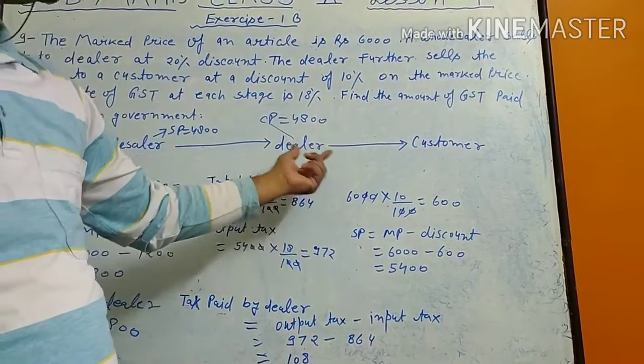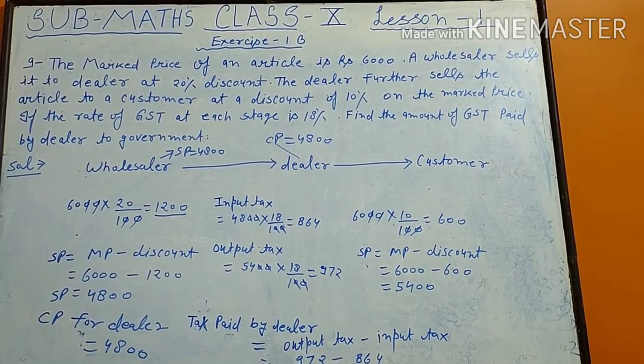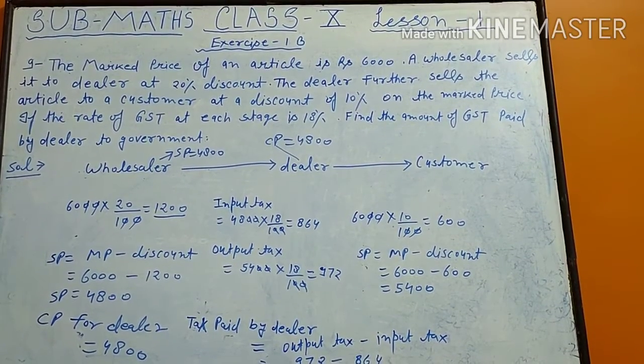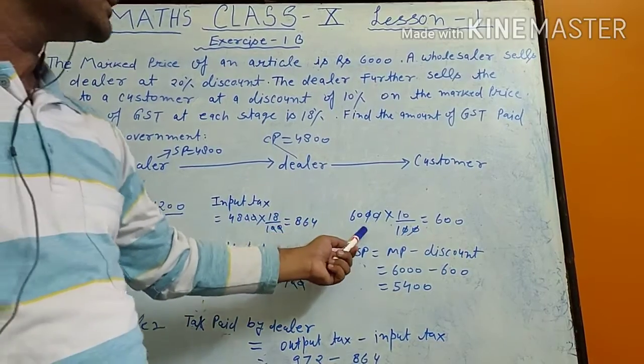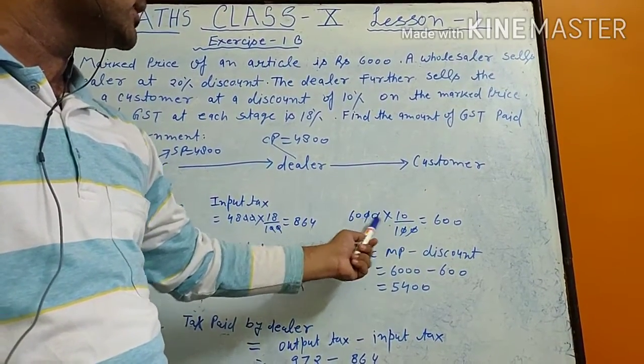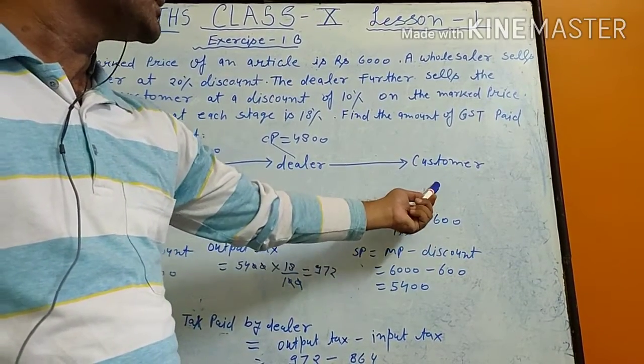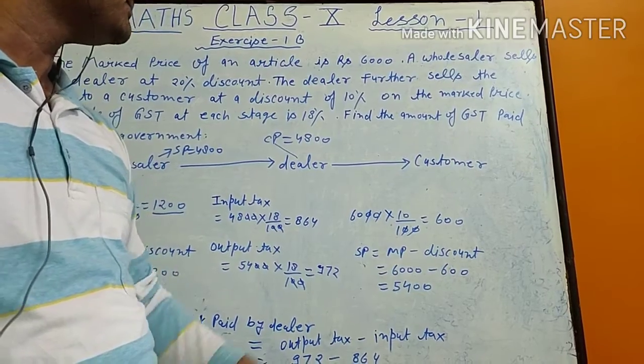Now next, the dealer further sells the article to the customer at a discount of 10% on the mark price. So mark price again 6,000, so we find 10% discount, 0 and 0 cancel, so it is equal to 600. It means the dealer gives 600 discount to the customer.